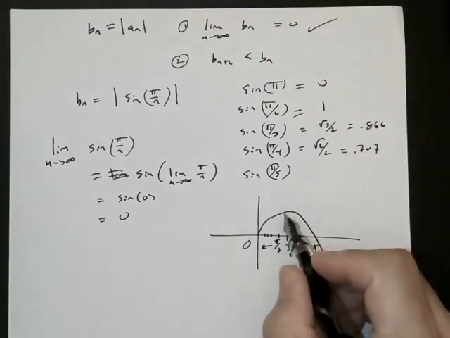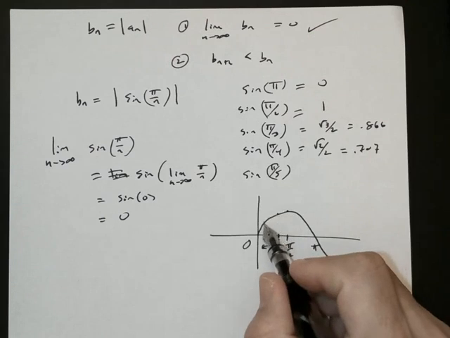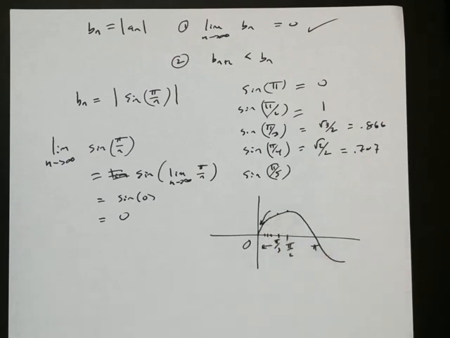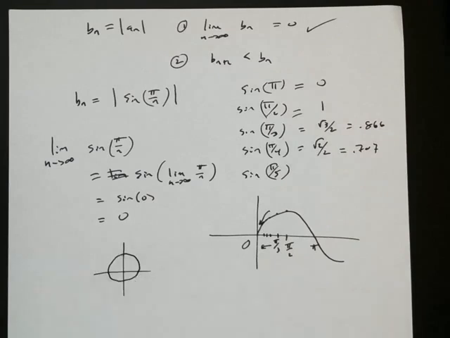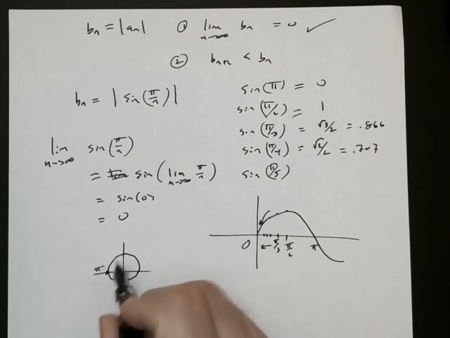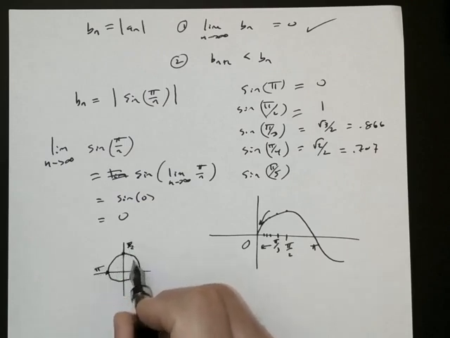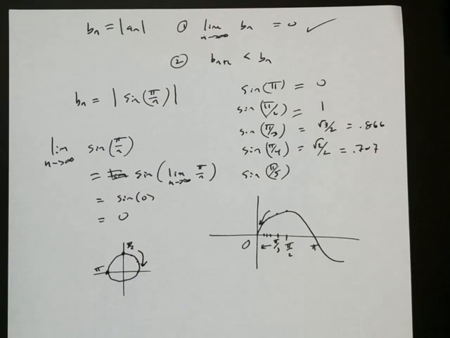Sine of x is here. That's definitely decreasing, isn't it? The other way is to think of it on the unit circle. The sine is the y value. It's the height on the unit circle. Pi over 2, pi over 3, pi over 4, pi over 5, pi over 6. Yeah, we're going down the unit circle. Our sine is getting smaller as we get closer and closer to 0.